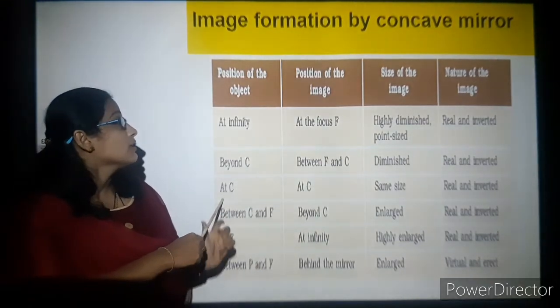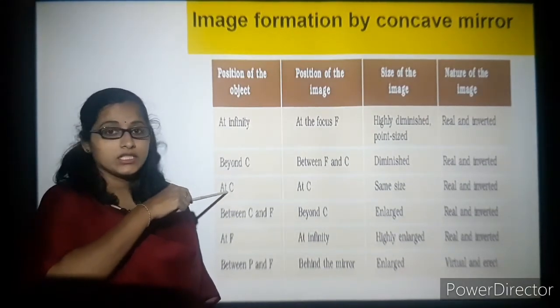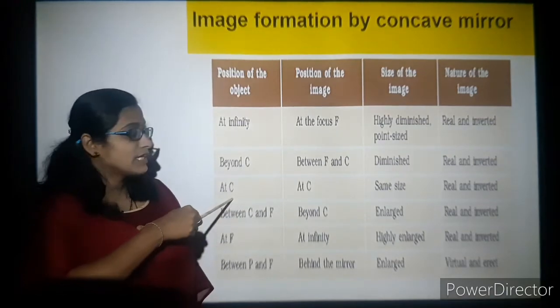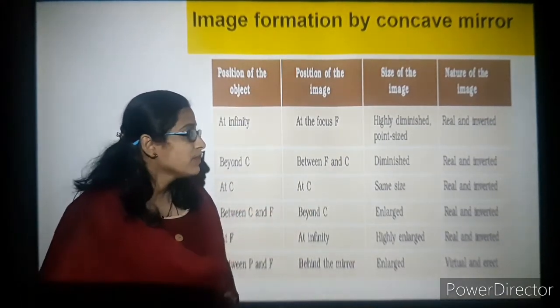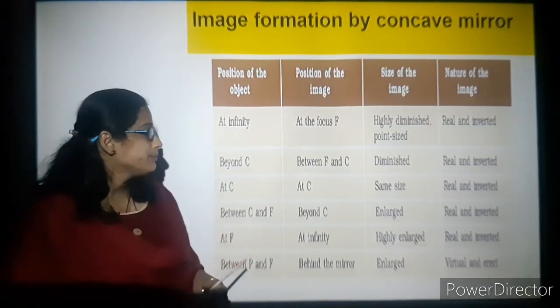At C, if you place the object at the center of curvature, then the image also will be at C. There is no difference in size, the size will be the same, and the nature of the image is here also real and inverted.